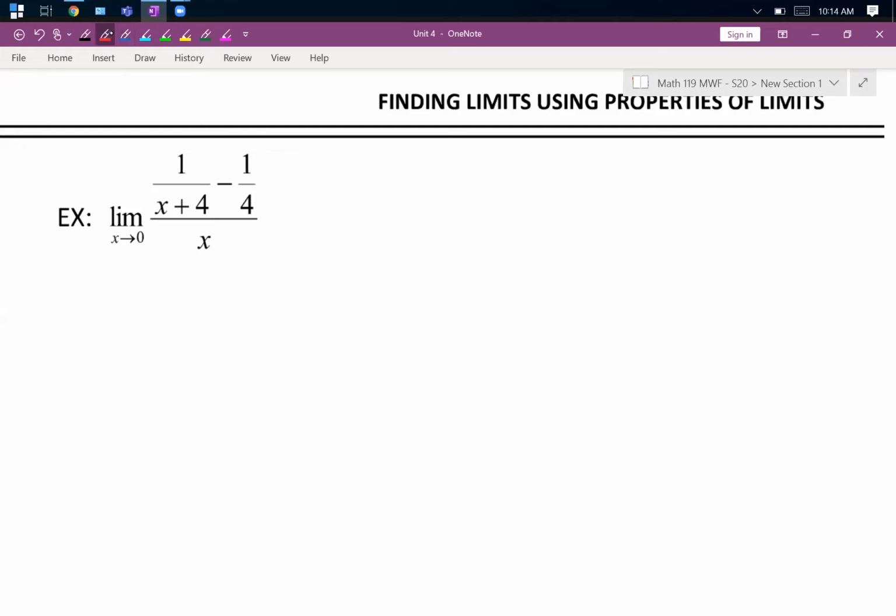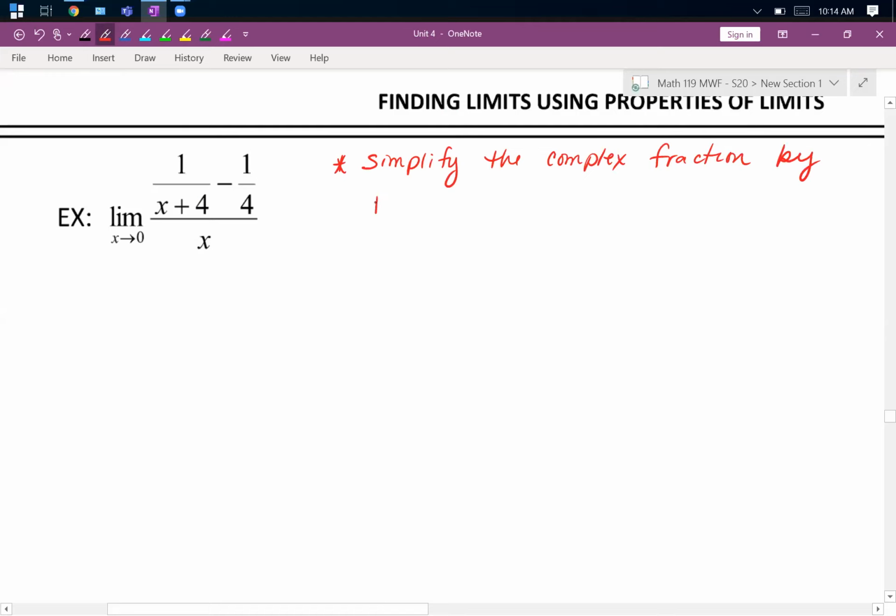So to deal with this, you want to simplify the complex fraction by multiplying by the LCD. Now hold on though, don't be working on it because I'm going to put you in groups.